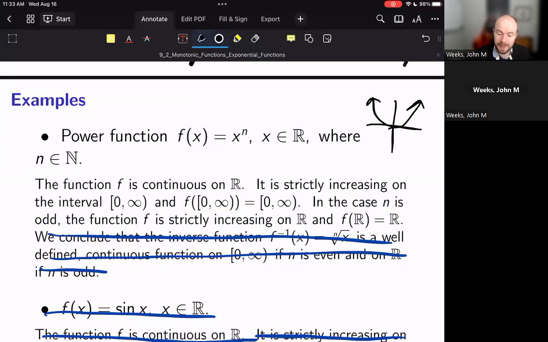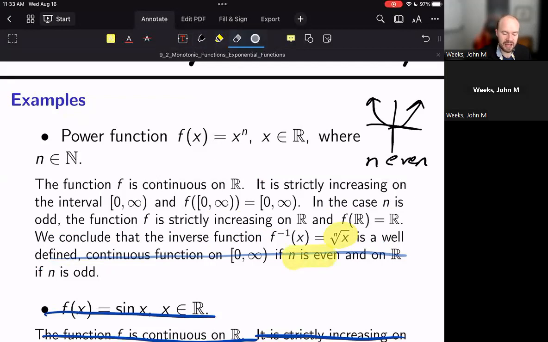Only on part of its domain is it strictly increasing or strictly decreasing. So we can conclude that the inverse function f inverse of x, which we are going to denote as the nth root of x, is a well-defined function, at least on 0 to infinity whenever n is even, and on the entire real line whenever n is odd.